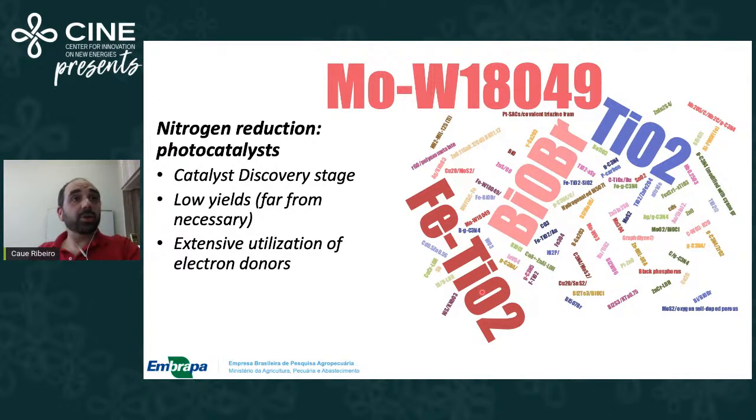And also, we see that in the literature, most of the research is still using electron donors, in other words, sacrificial molecules that can be oxidized to produce these nitrogen reduction products. So this is still in the future, and maybe something like 15 years from now, we will see any real application on that topic.